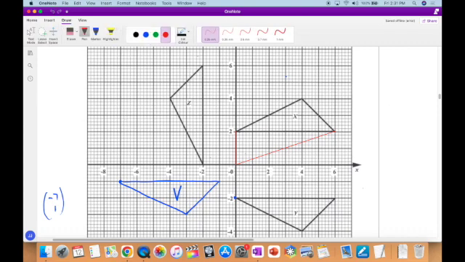The reason why is because I know that from here to here is 6. So if it's a scale factor of a half, that's going to cut down by 2. So I could see clearly we have a nice space here that is 3 long. So it will probably go here, right? This 6 will become 3.